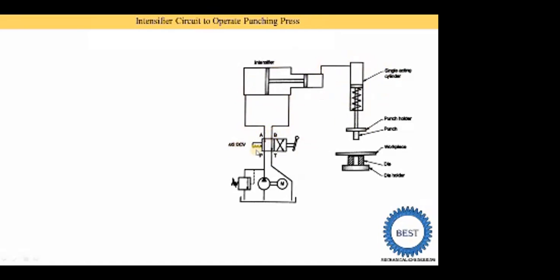Here we use a 4x2 DCV, meaning two positions and four ports: P, T, A and B. The P port is connected with the pump, and the T port is connected with the tank or reservoir.